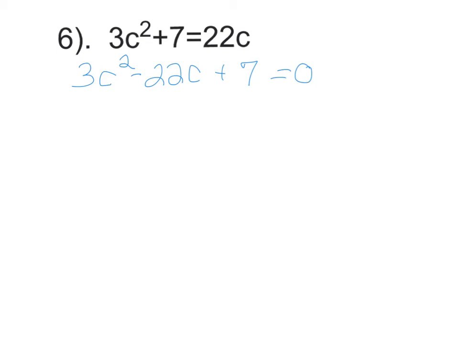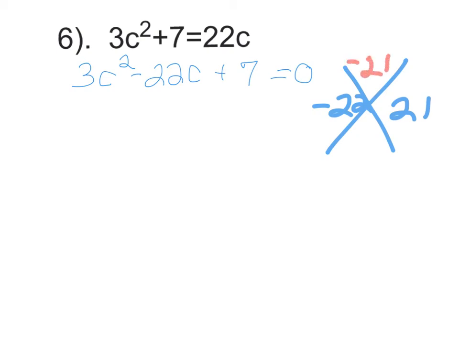All right, next step is going to be to factor. So this one we need to use the X box or grouping method. So let's try that. Let's draw an X. We need two factors that when multiplied are going to equal +21 and that when added equals -22. So you should be able to figure that the magic pair would be negative 21 and negative 1, because negative 21 times negative 1 is positive 21.